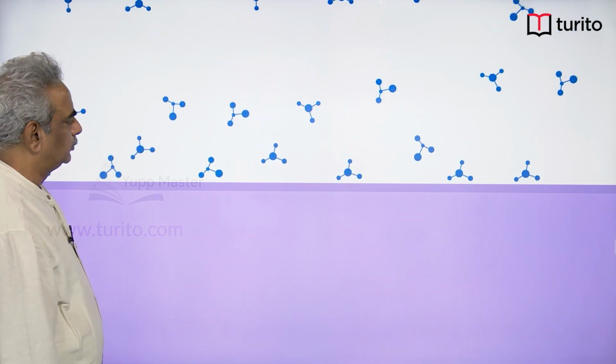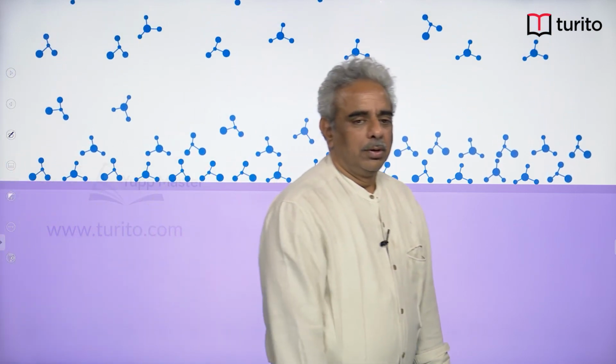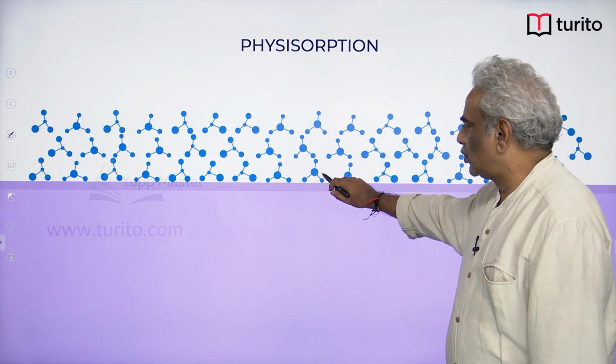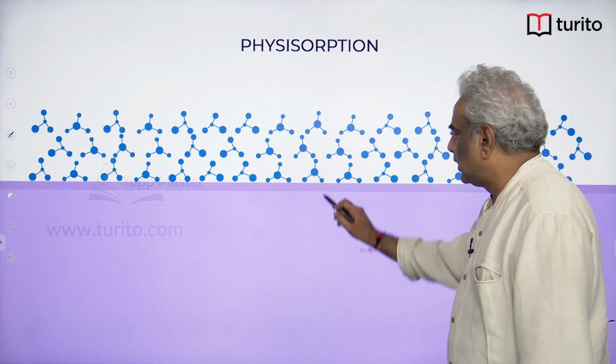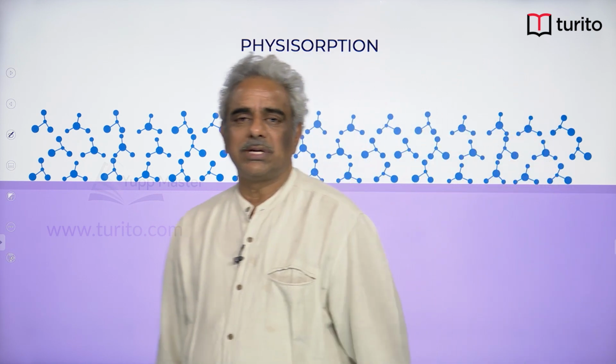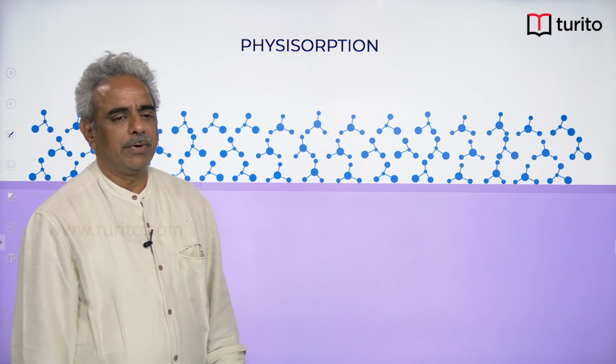See this now. Before the name comes you can tell this is physical adsorption. Why? Because there is only van der Waals force. Try to understand, the molecule is not penetrating into the surface. There is no bond, just van der Waals force of attraction.